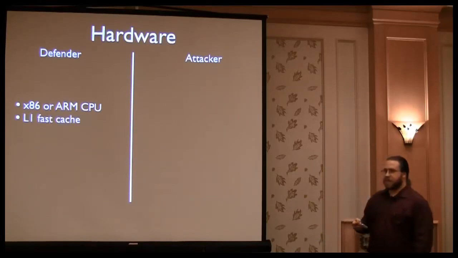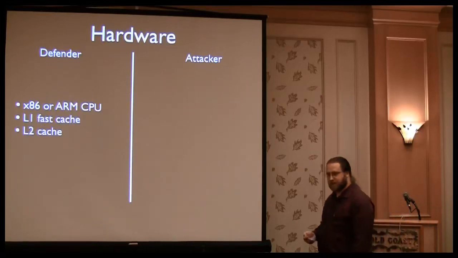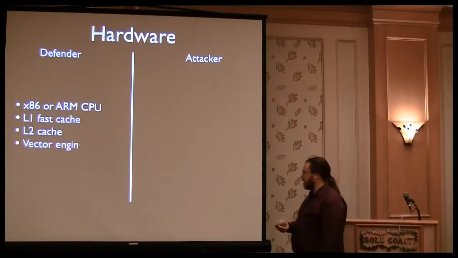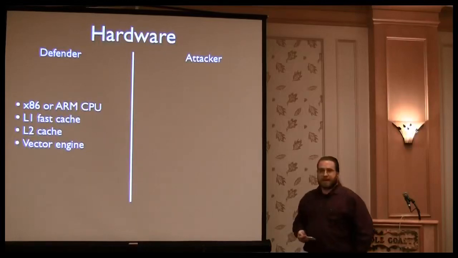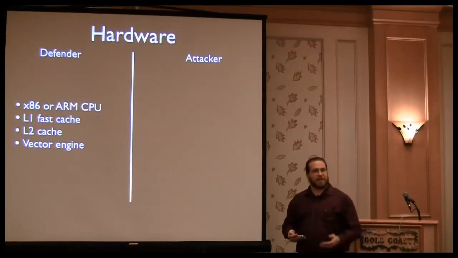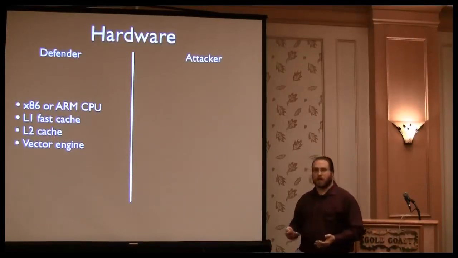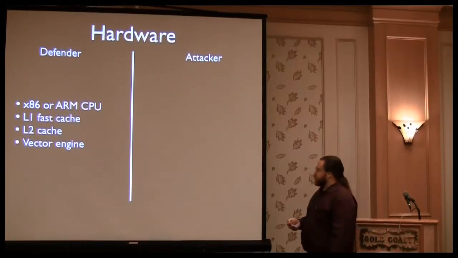You typically have L1 cache and L2 cache in the system, although we don't make great use of that. You also typically have a vector engine. Pretty much any x86 or ARM CPU in the data center at this point has at the very least SSE or, on the ARM side, the Neon extensions. And so that's what the defender has.